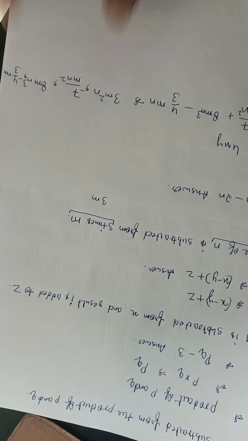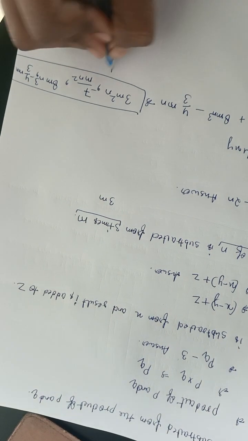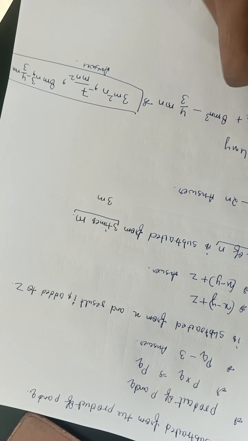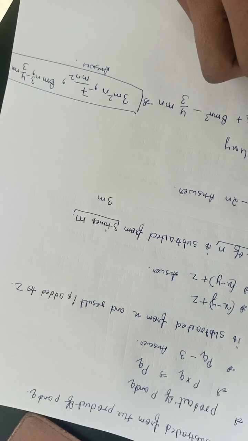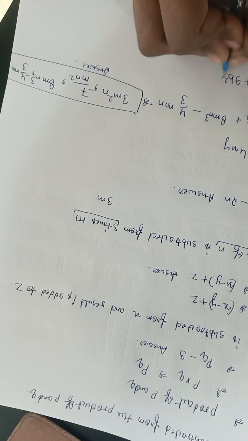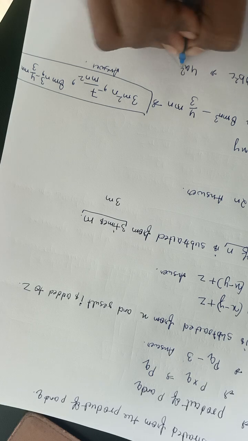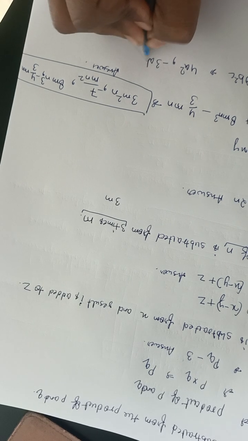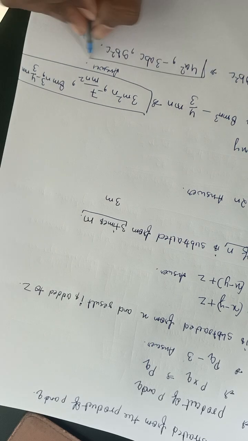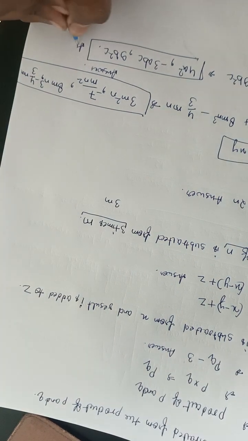This is your answer. Okay, next third part is 4a square minus 3abc plus 9b square c. Here the terms are 4a square, minus 3abc, 9b square c. There are three terms and this is your answer.